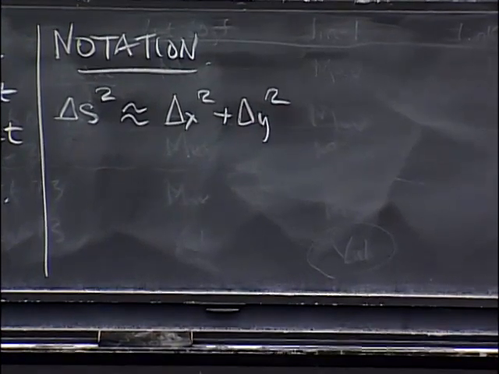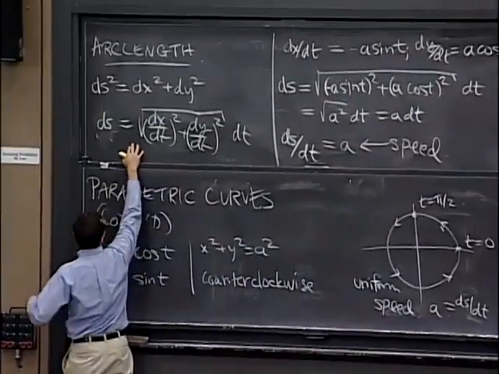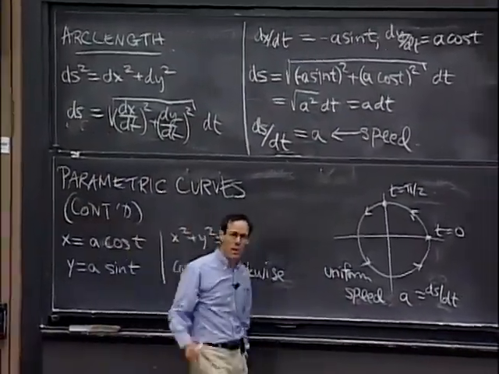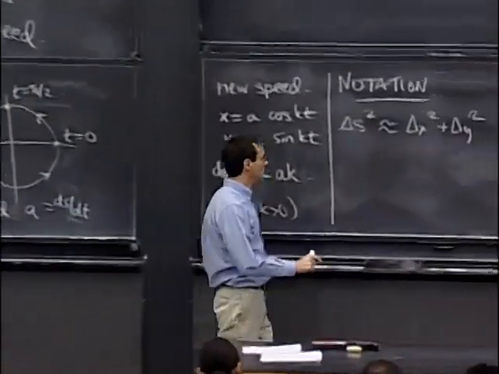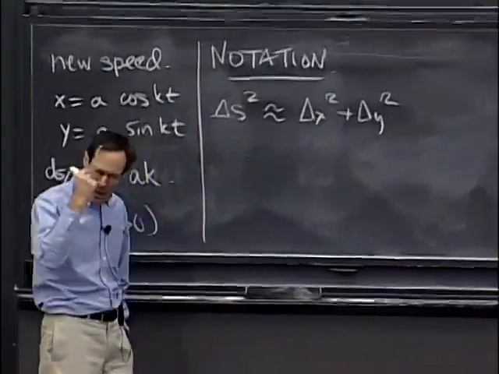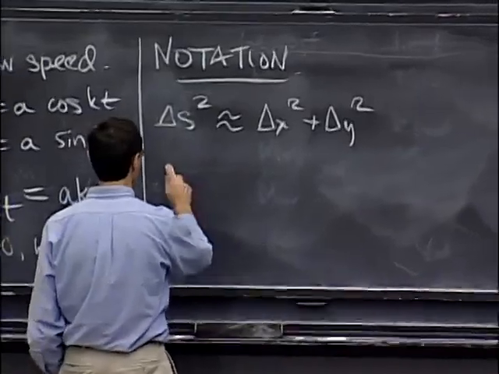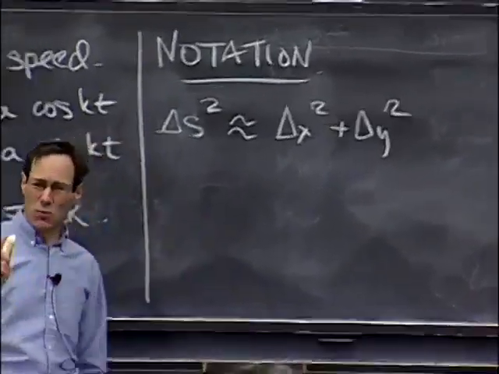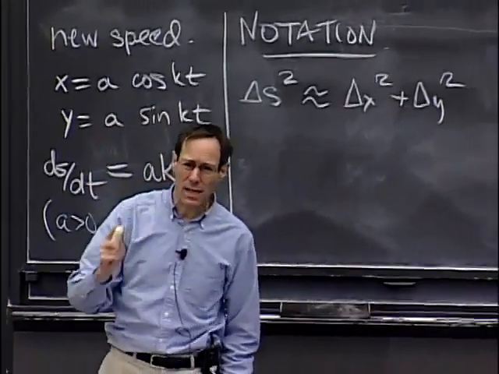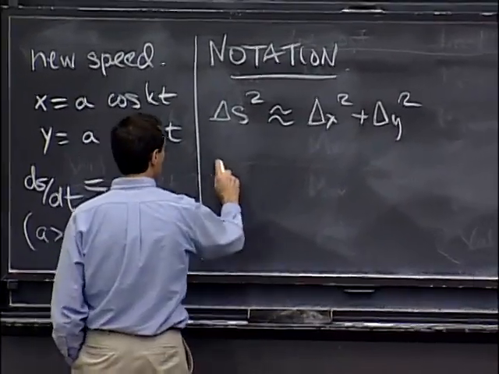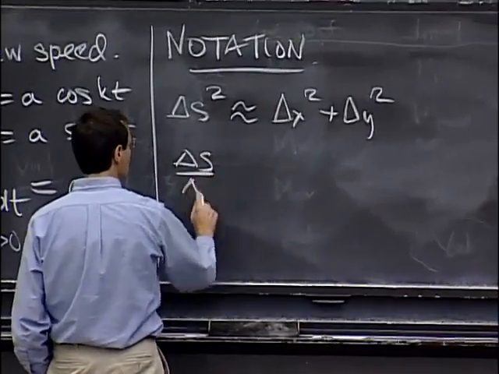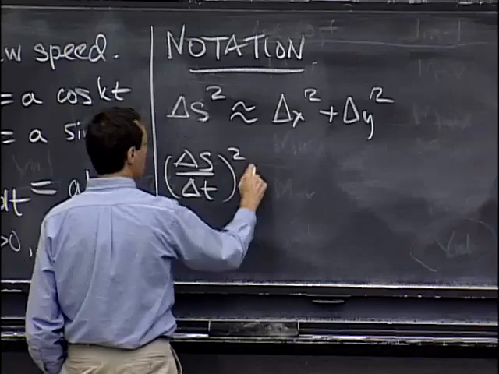This is how we justified the arc length formula before. And let me just show you that the formula that I have up here, this basic formula for arc length in the parametric form, follows just as the other one did. And now I'm going to do it slightly more rigorously. I do the division really in disguise before I take the limit of the infinitesimal. So all I'm really doing is dividing through by this.